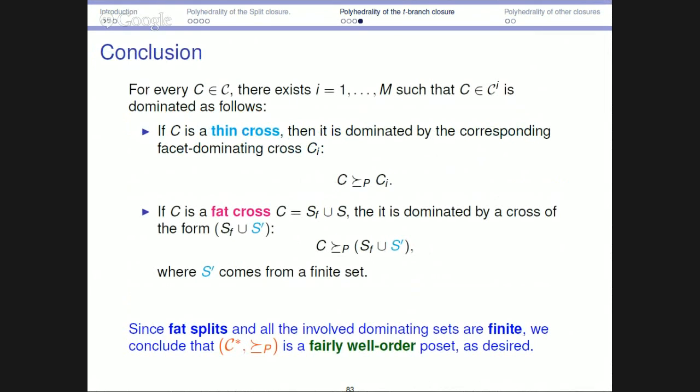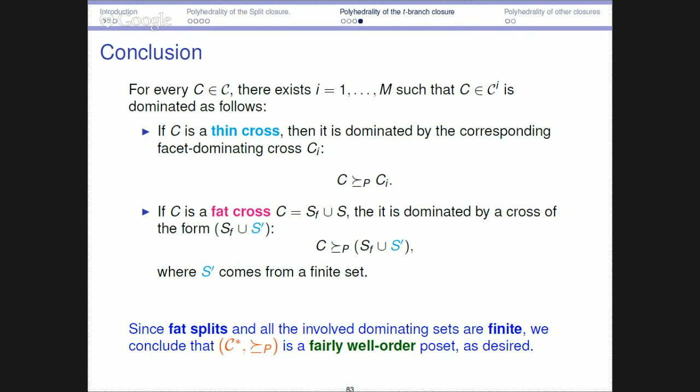Okay, so finally, the summary is how you dominate the crosses. Well, any cross in this arbitrary set belongs to one Ci. Now, if this cross is too thin, it will be dominated by the corresponding cross Ci, that comes from a finite set. Otherwise, it's a fat cross. So this part is finite, and we find a dominating subset of crosses of this form that dominate this cross.